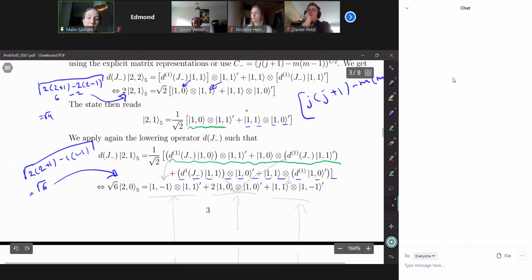Again, we act with j minus on the first state there, times nothing happening to this state, plus nothing happening to this state. And there should be a j minus here. J minus acting on this state there.